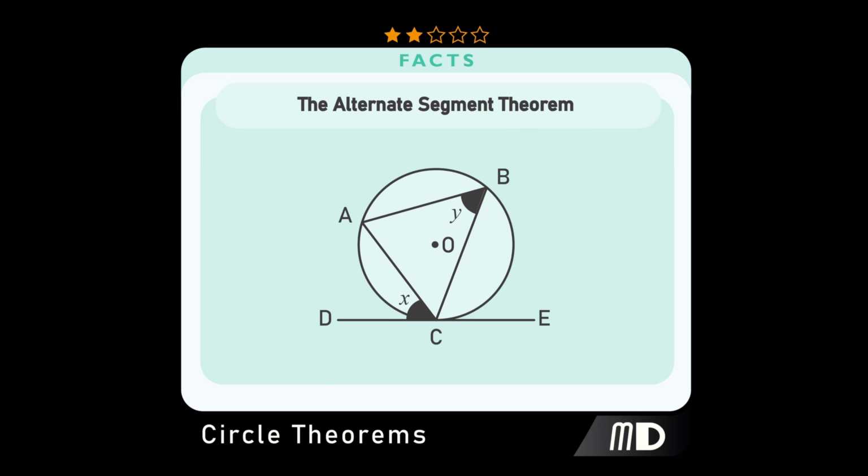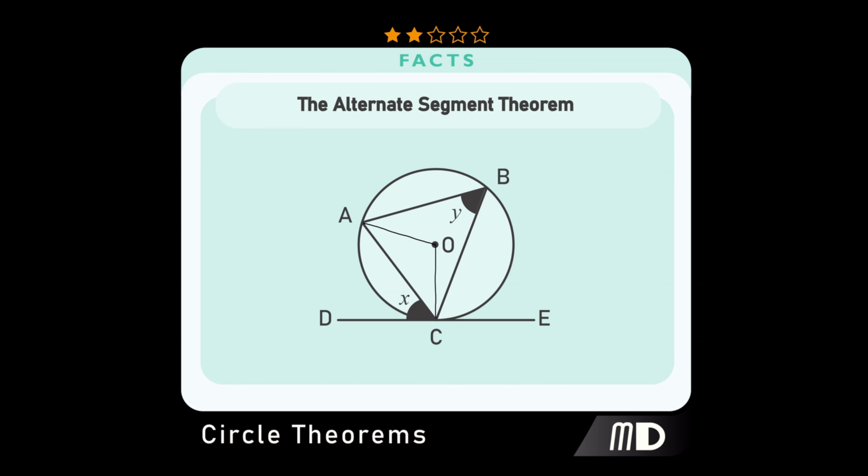To begin, we're going to draw a line from A to O, the centre of our circle, and a second line from C to O. These lines are a radius of the circle and as a result, are both equal in length.